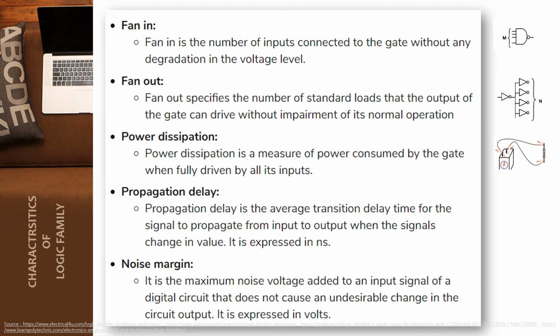Okay, then we have propagation delay. The name itself says delay means something is going to happen a little bit late, right? So the propagation delay is the average transition delay time for the signal to propagate from input to output when the signals change in value. It is expressed in nanoseconds.